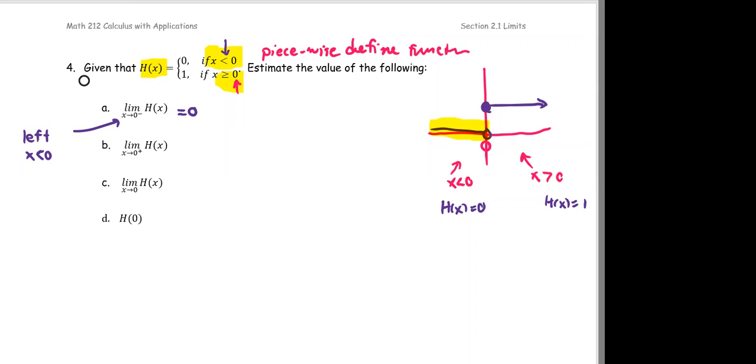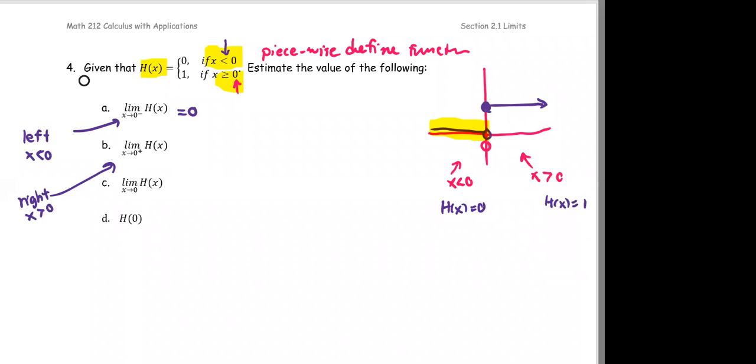And then for part B, the limit of the function as x approaches 0 positive, that means from the right side, the value on the right of x equals 0 can be slightly greater than 0. If it's slightly greater than 0, we go with the second option, or the graph on the right side of the xy plane.